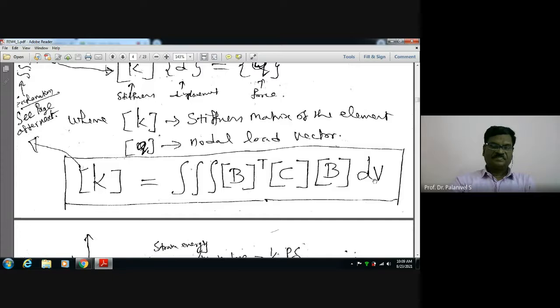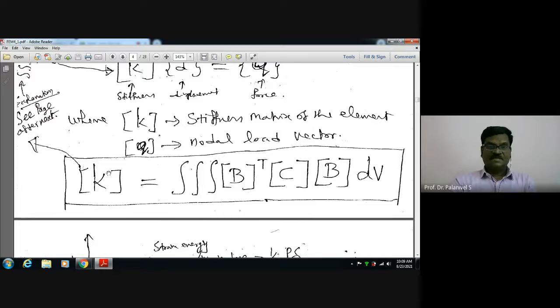into dV. Suppose it is a two-dimensional element, what will happen? Instead of dV, we will get dA, only a double integral. If it is a one-dimensional element, k equals only a single integral, and you will get dx here.